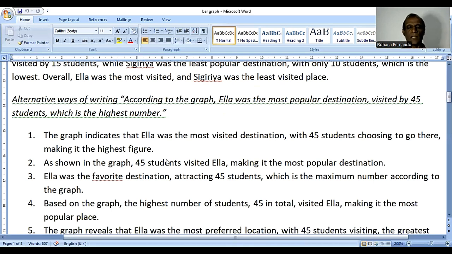Fourthly, based on the graph, the highest number of students, 45 in total, visited Ella, making it the most popular place. Here we have used three commas to separate information.